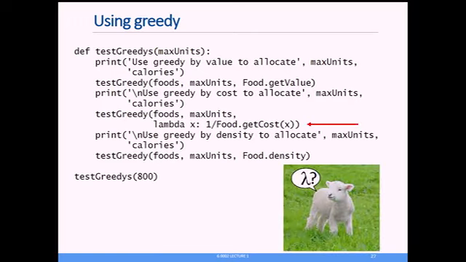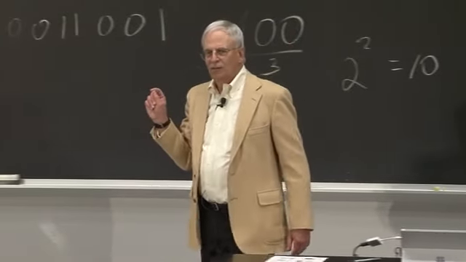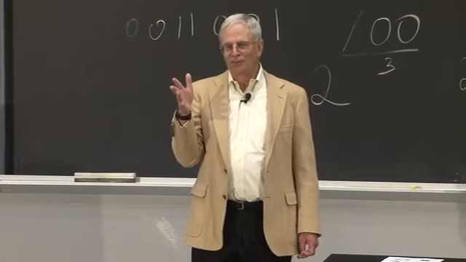What's going on with this lambda? So here, we're going to be using greedy by density to allocate. Actually, sorry, this is greedy by cost. And you'll notice what we're doing is we don't want to pass in the cost, right? Because we really want the opposite of the cost, right?